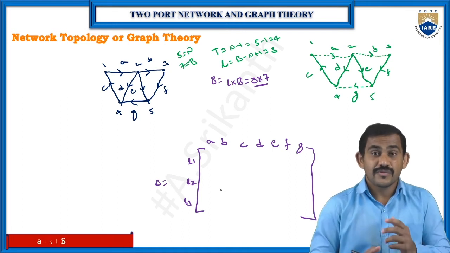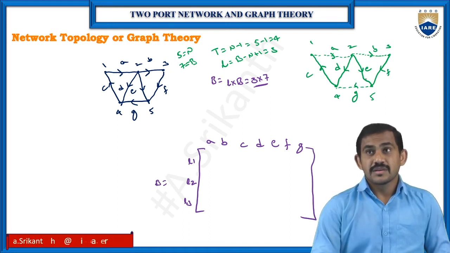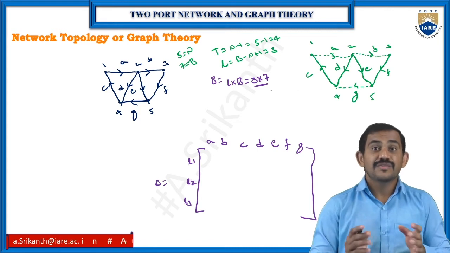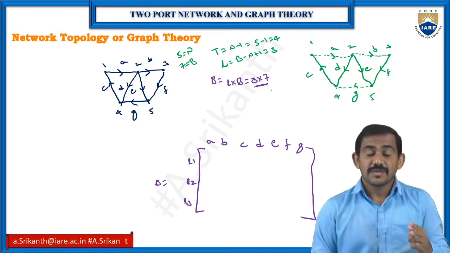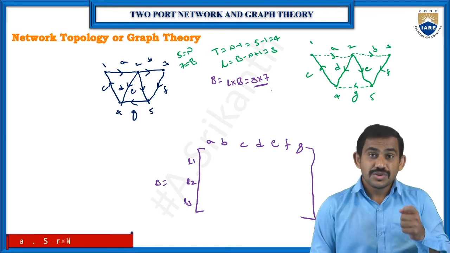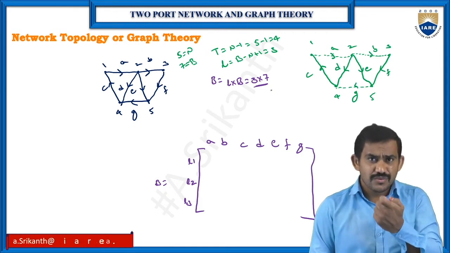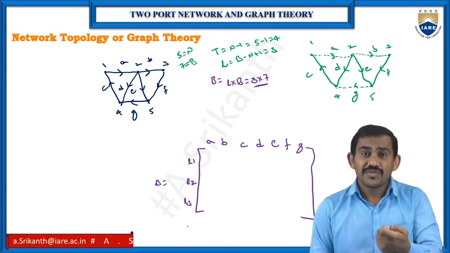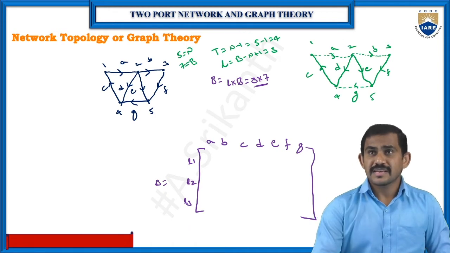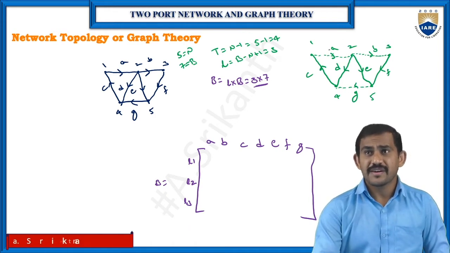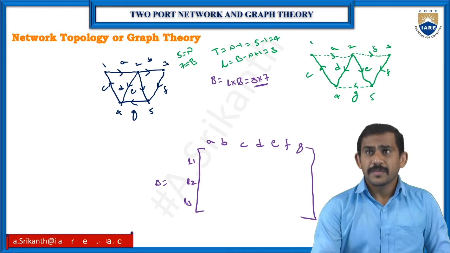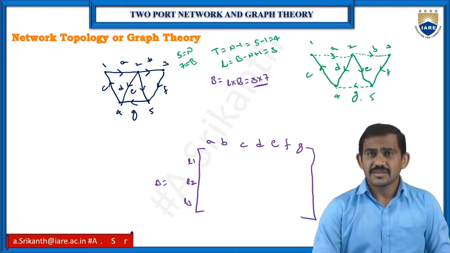So how will you find the links? For this virginal graph, I want to divide it into 3 graphs. Why 3? Because using only one co-tree, only one link, we go for one loop. We have 3 links: A is a co-tree, B is a co-tree, and G is also a co-tree.